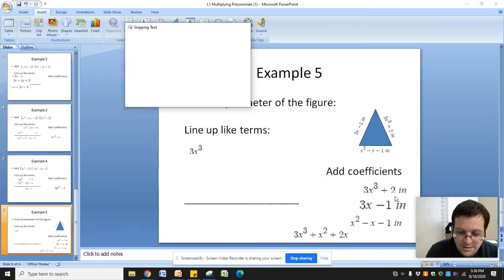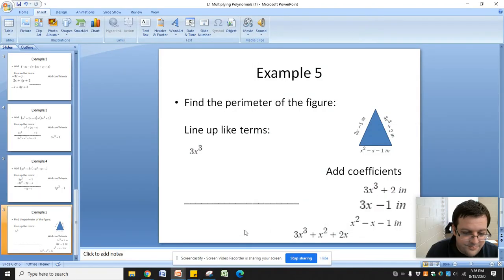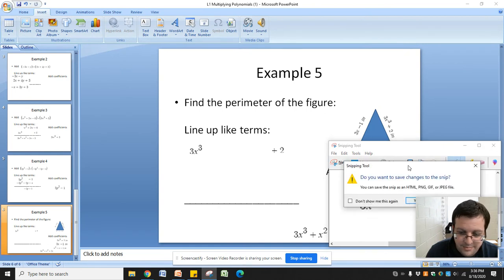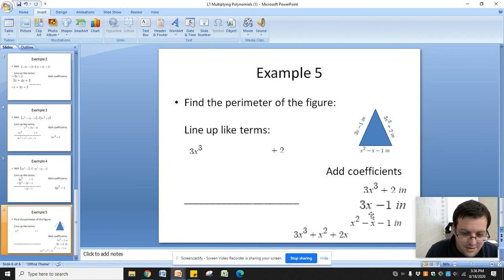So I'll grab that and put it right here at the end. I can move it if I need to. Then we have to deal with this 3x plus 1. Actually, I don't even need to break it up, do I? Nope. Because I can just move it right here and put it at the end.